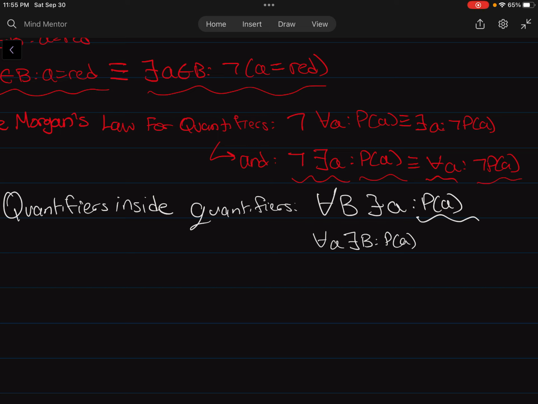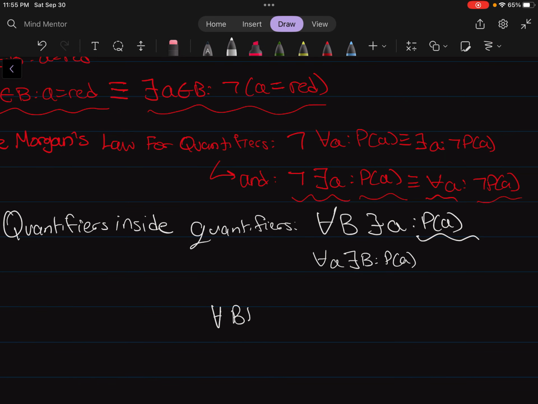Now, there are some rules to nested quantifiers. We can't just switch them around and make of them what we will. So saying something like this for all bags, that does not look good. All right, sorry about that.